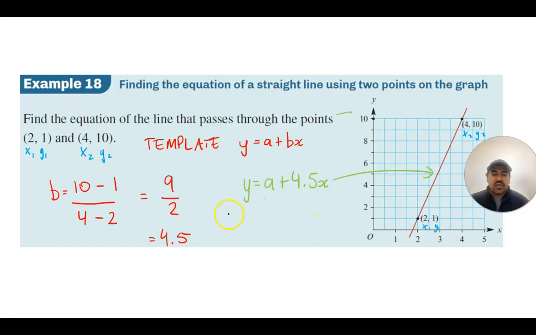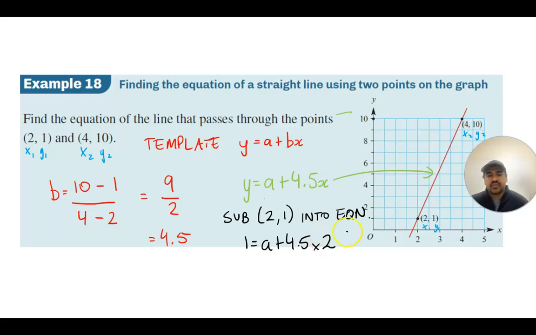So in other words, we are going to sub 2, 1 into the equation. So what we'll end up getting is 1, okay, so remember we're replacing y with 1, is equal to a plus 4.5 times that corresponding x value, which is 2.